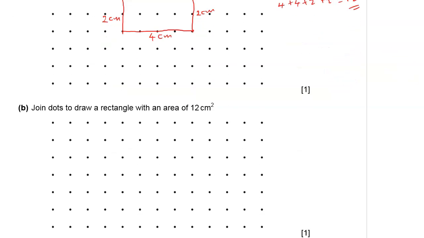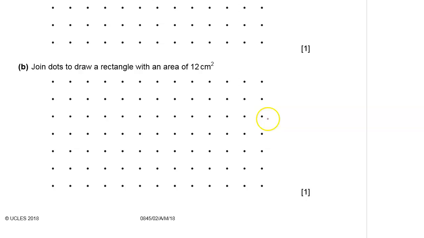Part B. Join dots to draw a rectangle with an area of 12. Area is equal to length multiplied by width.